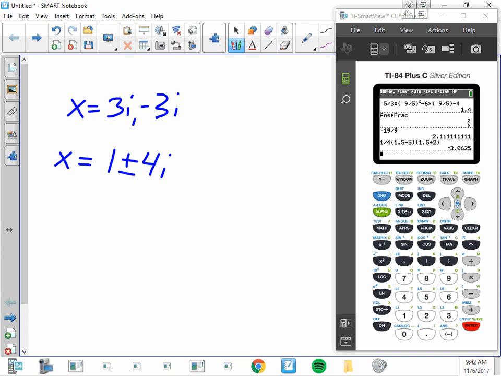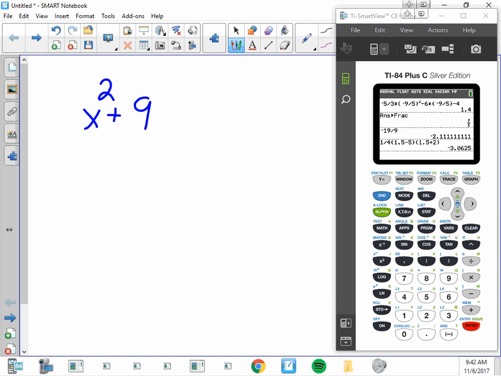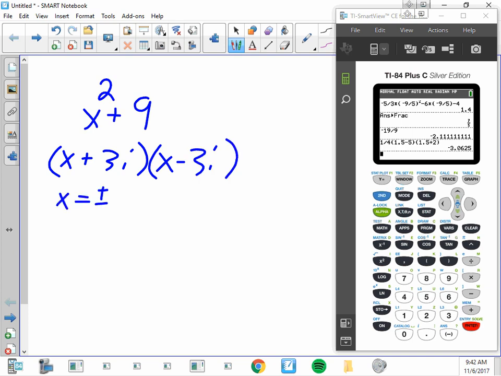Okay? And some of these are really easy to find. For instance, x squared plus 9, the factors would be x plus 3i and x minus 3i, and the roots are going to be plus or minus 3i. Okay.